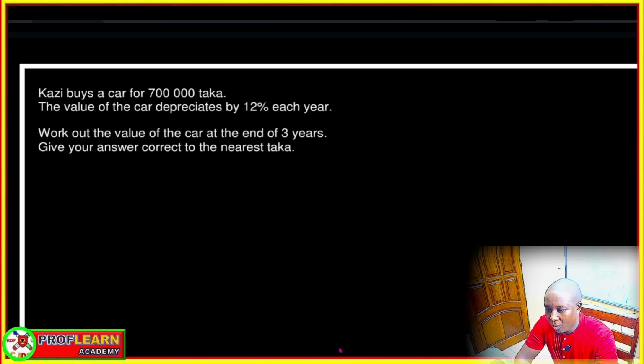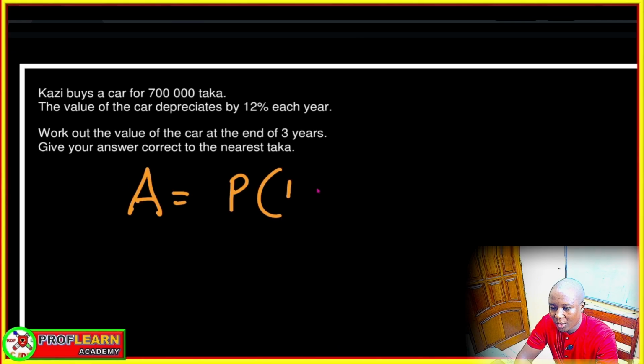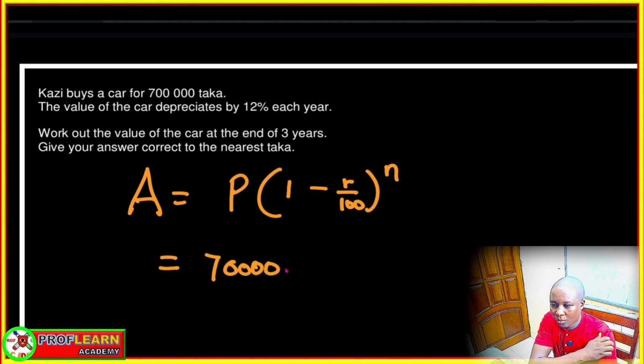In here, we're going to use the formula amount equals P times 1 minus R over 100, raised to power N. But if the value was appreciating, we would have said 1 plus R over 100, raised to power N. P is the value of the car, N is the period, and R is the rate at which the value is depreciating.